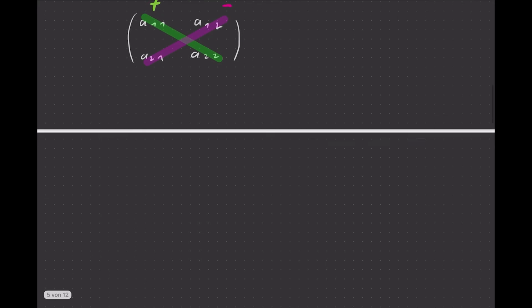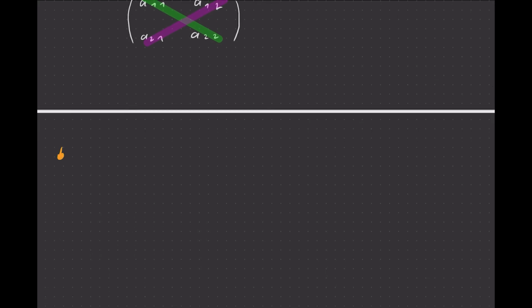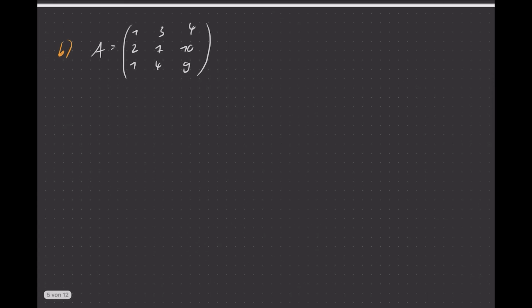So let's move on to a larger matrix, part B. Let's say we'd like to know the determinant of this matrix here, 1, 2, 1, 3, 7, 4, 4, 10, 9. I'm just going to apply the formula. So the determinant of A is, let's copy that matrix once again.